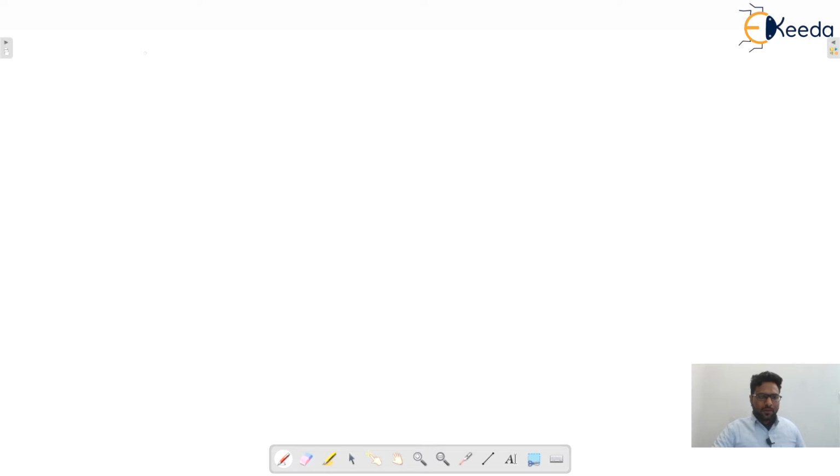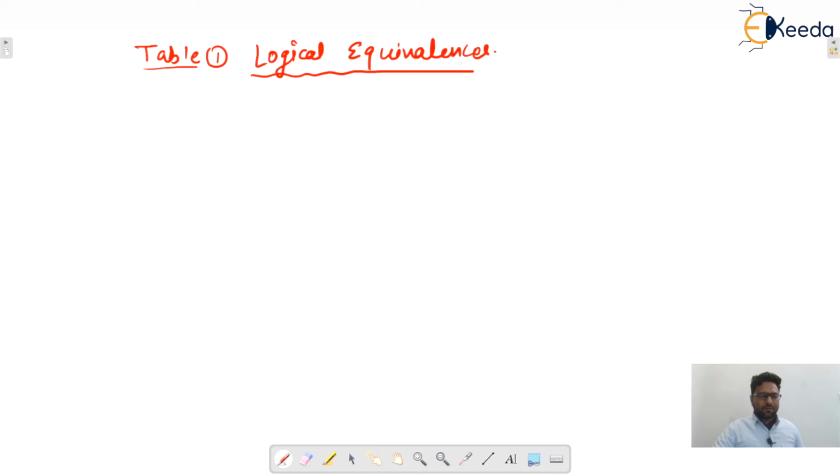So, table one. What is this table? The table is regarding logical equivalences. The first column header is equivalence, that is, the logical statement.